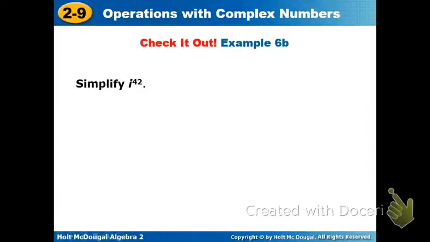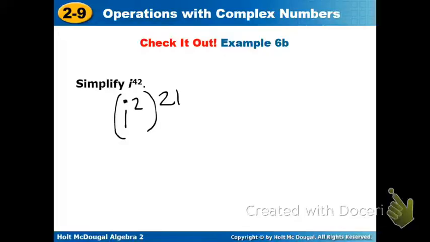Okay, i to the 42nd power. So what we want to do is take this and break it down. Okay, so i to the 42nd is the same thing as i squared to the 21st power.